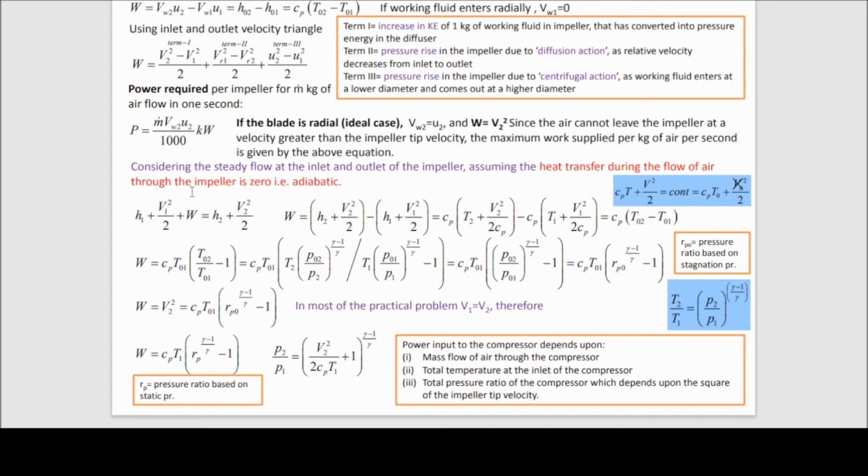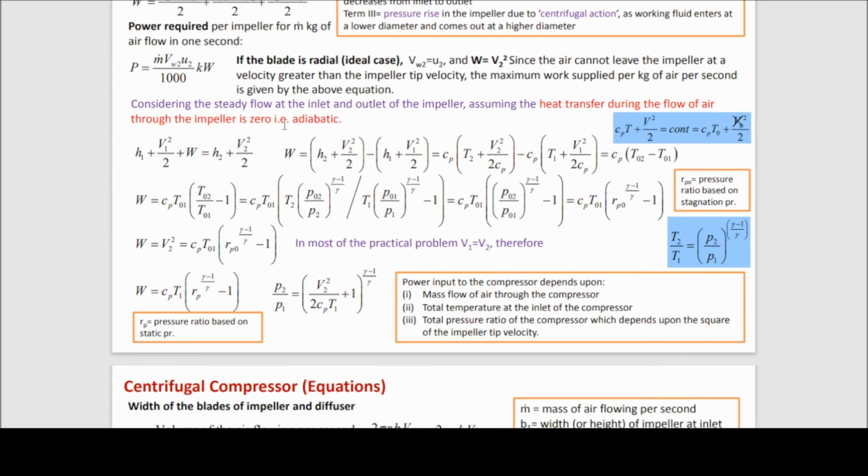Now consider the steady flow energy equation at the inlet and outlet of the impeller, assuming the heat transfer during the flow of air through the impeller is 0, that is adiabatic. H1 plus V1 square by 2 plus W is equal to H2 plus V2 square by 2. Adiabatic means it is actually an isentropic process only, right?